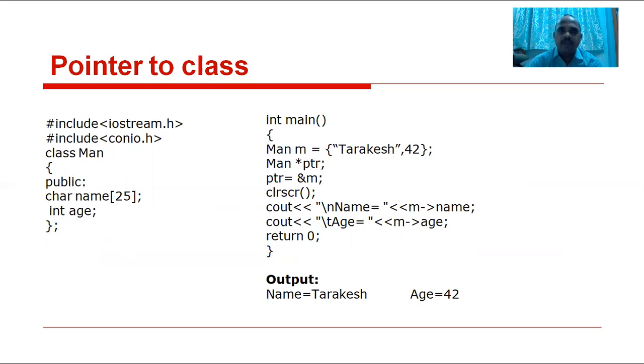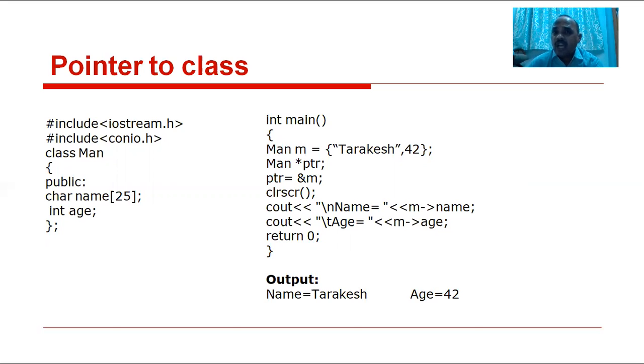We know that a pointer is a variable that holds the address of another variable. I already gave an example. In the same way, we can also define a pointer to class.